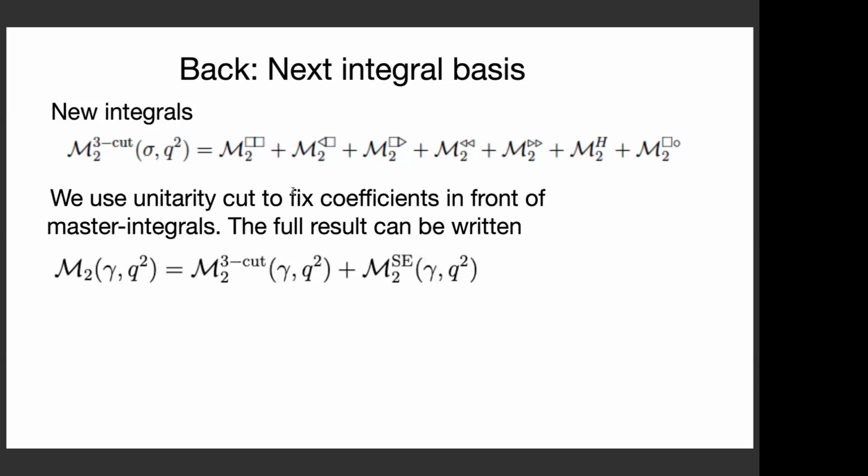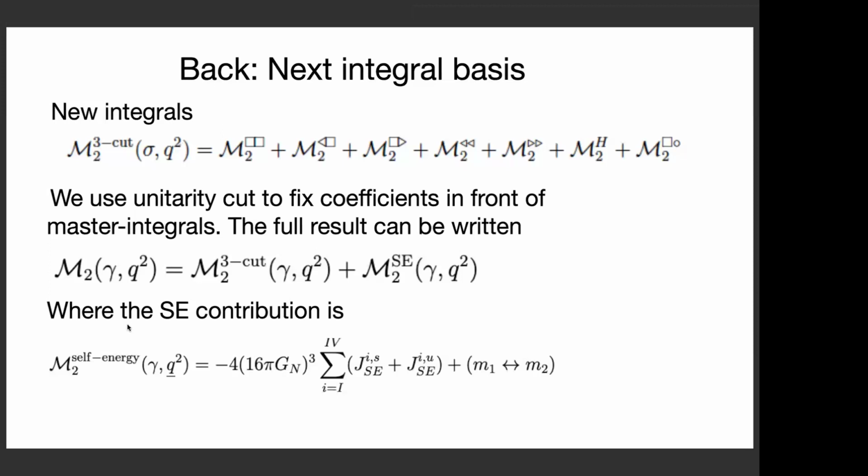And we can use unitarity to fix the coefficients in front of the master integral. So the full amplitude that we want to find at two loop is the combination of the three cut contribution and the self-energy contribution. So the self-energy contribution is new at two loop order. And the three cut can be deduced from the three particle cut.